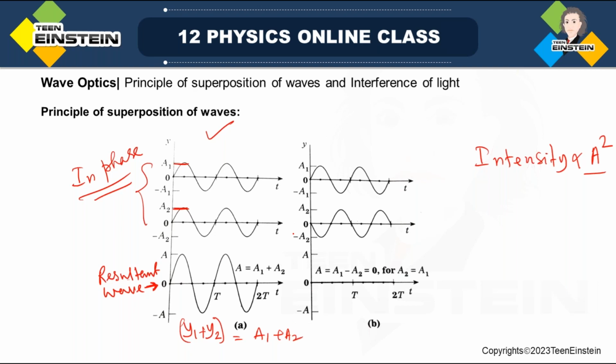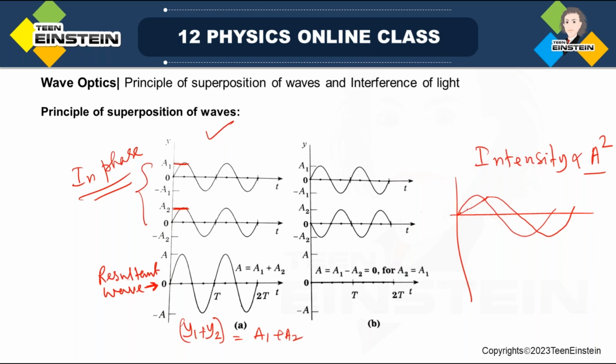But if the waves are not meeting in phase, I'll just show you one figure. Suppose one wave is like this, a sinusoidal wave only, but for some other wave, the crest is happening here.